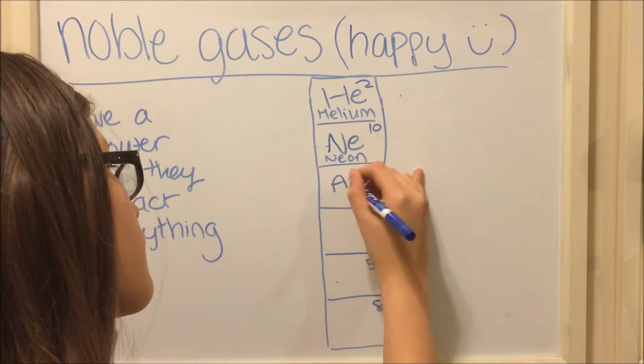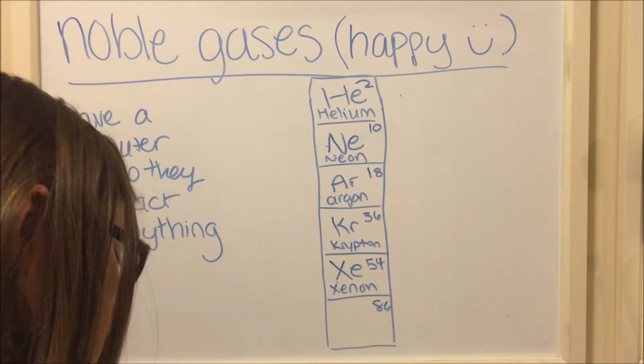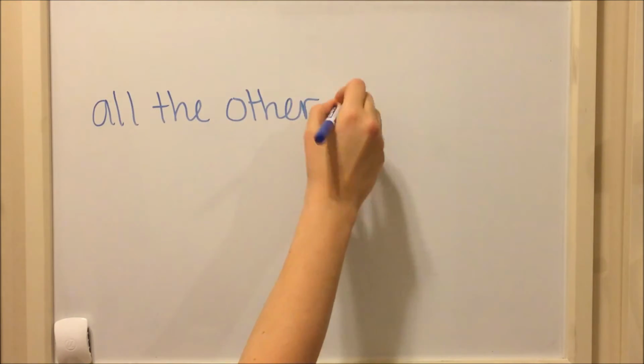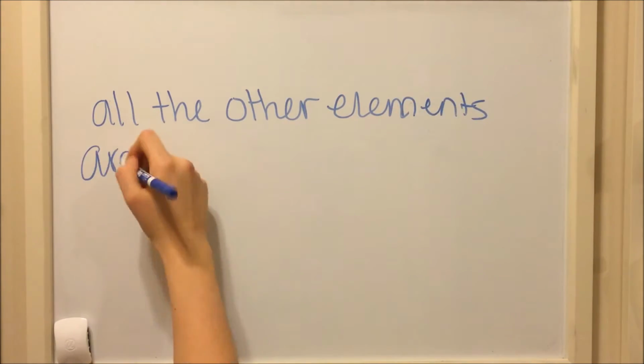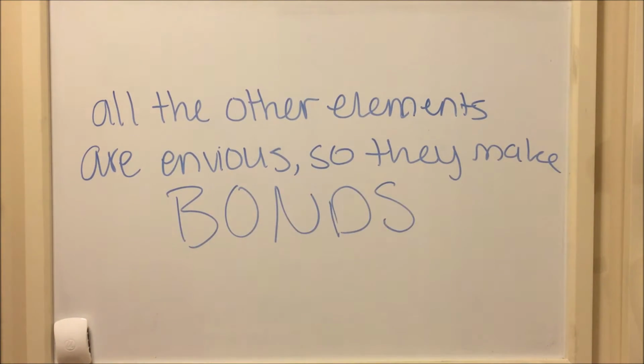Those include helium, neon, argon, krypton, xenon, and radon. The other elements are jealous of the noble gases, so they make bonds. And today I'm going to be talking about ionic bonds.